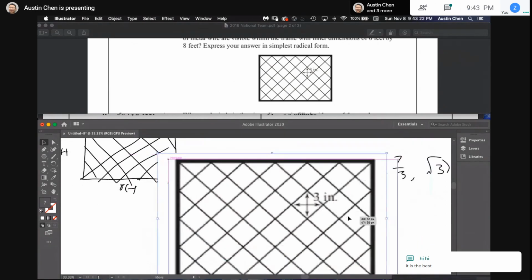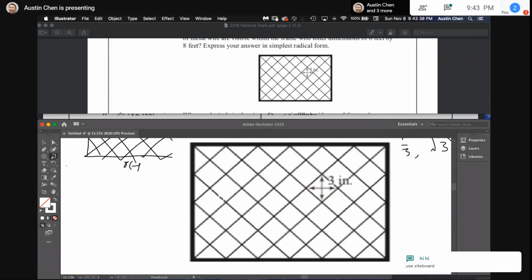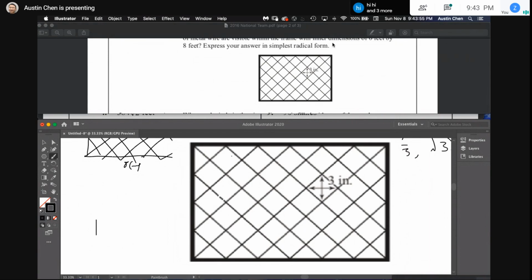Okay, it looks like this, right? Oh, what the heck? I can't draw on it? My pen doesn't work. Check if you're on the right layer. The picture could be on a layer that's higher. No, it was on white for some reason. Okay, I guess.